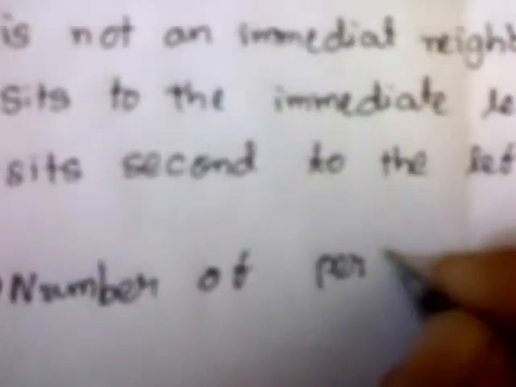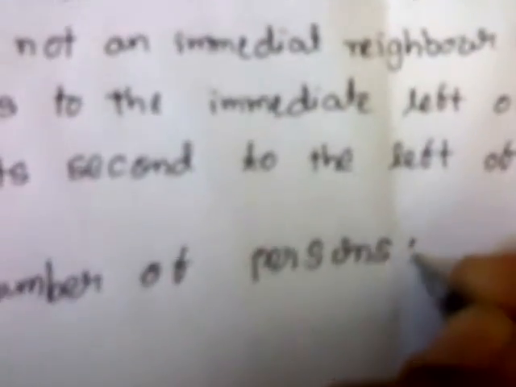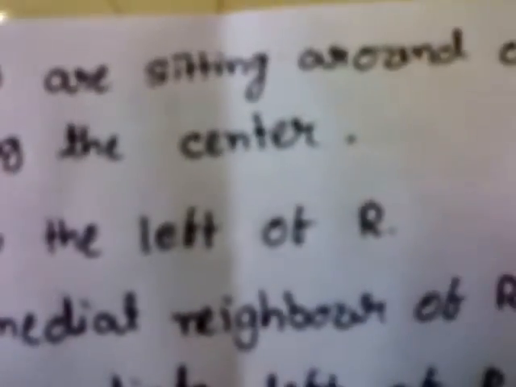The number of persons is 6. Look at our question, that is P, Q, R, S, T and U are sitting around a circular table. So the number of persons is 6. We will divide our circle into 6 equal parts, that is 1, 2, 3, 4, 5 and 6.